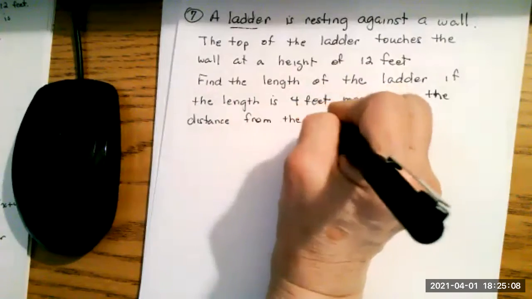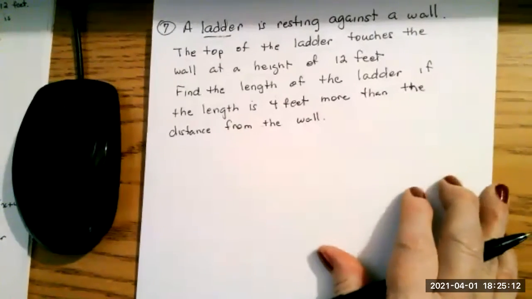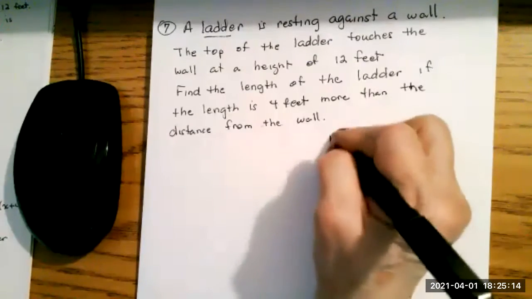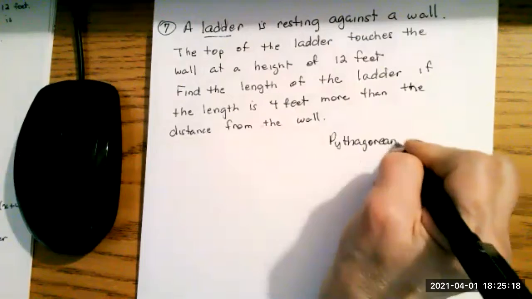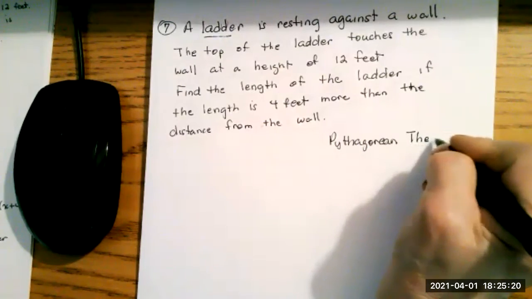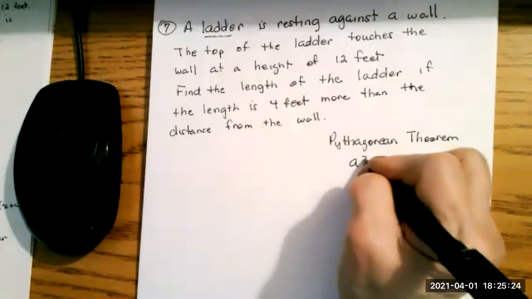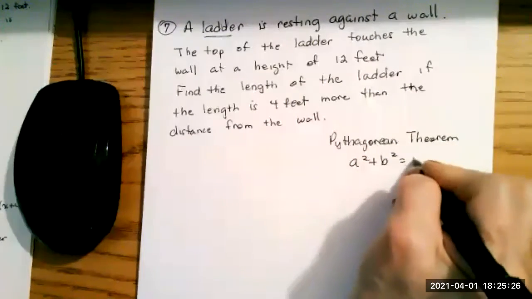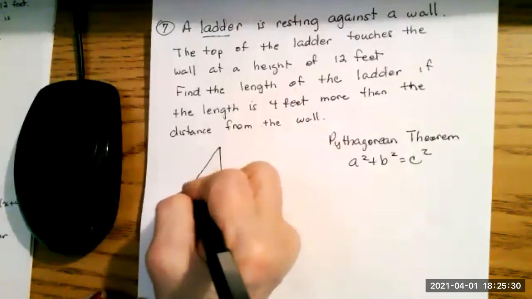Now, this one's a little bit different than the ones we had in your exercises, but it's the same kind of problem, and you're going to use the Pythagorean theorem. Remember that one? Anybody tell me what it is? A squared plus B squared equals C squared. That's correct.